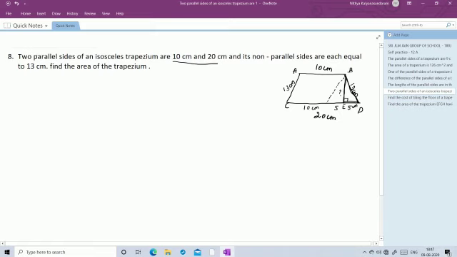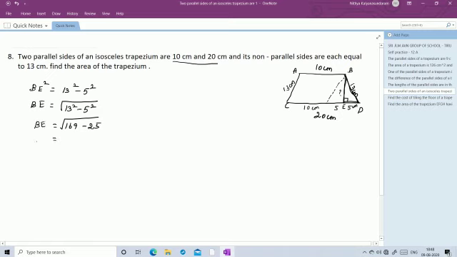So BE square is equal to 13 square minus 5 square. So BE is equal to square root of 13 square minus 5 square. 13 square is 169, minus 5 square is 25.